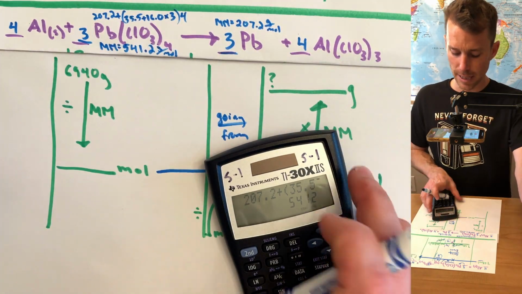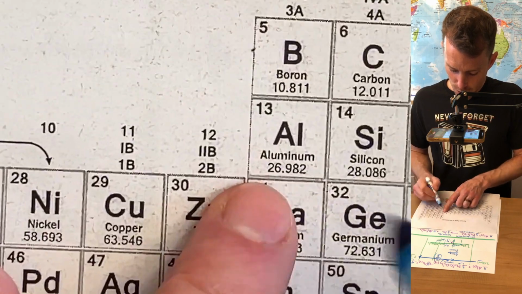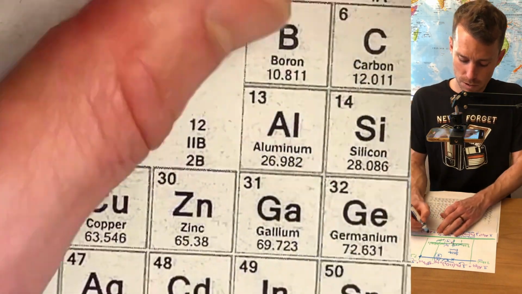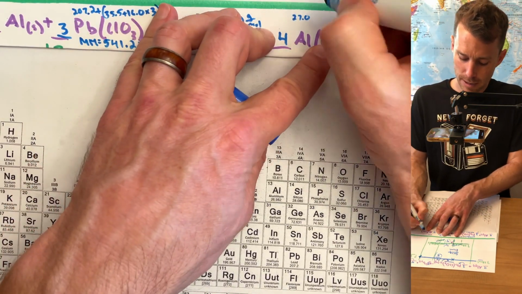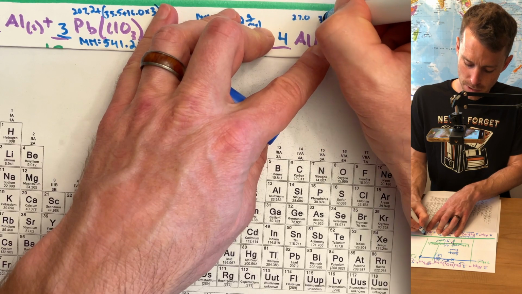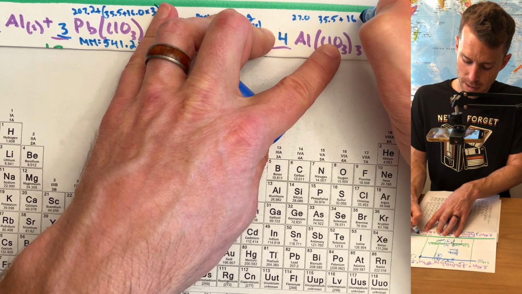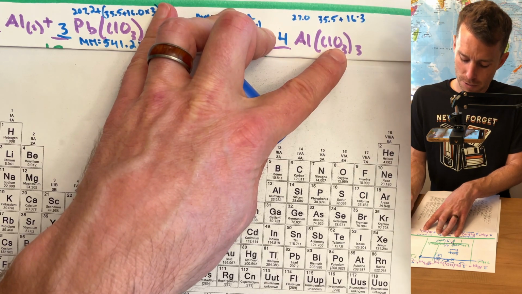Aluminum, I don't think I did that yet, so let's find that. 26.98, which we can round to 27.0. So this one, 27.0. Chlorine, we just said was 35.5. Oxygen, we just said was 16. And we do have 3 of those, so let's multiply that by 3.